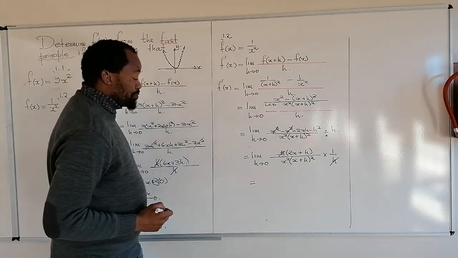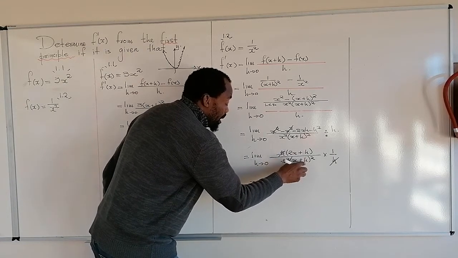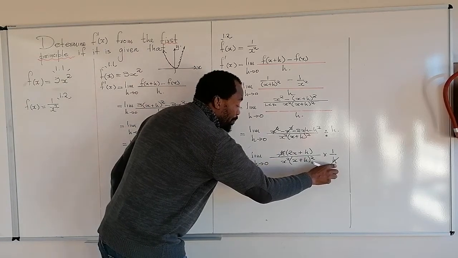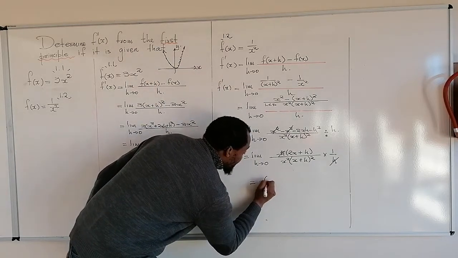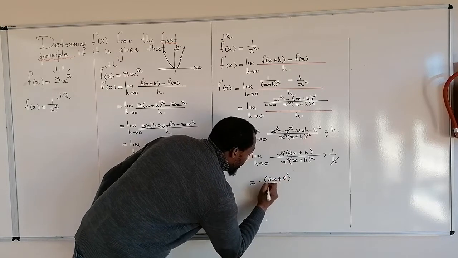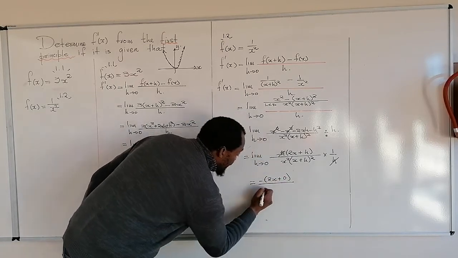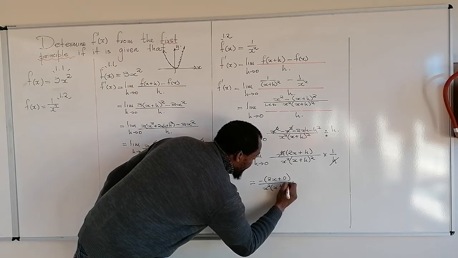That means I can put zeros there because that problematic h is gone. It will be minus into 2x plus 0, divided by x squared into (x plus 0).